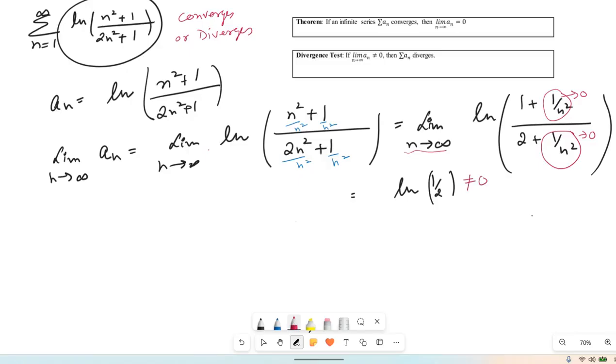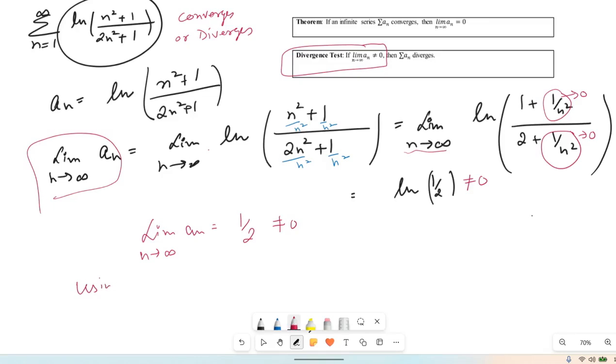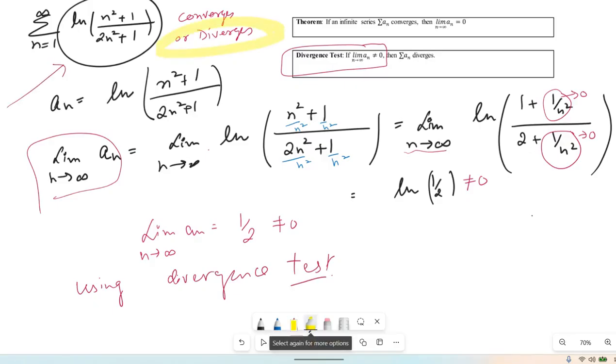So here, again, our divergence test comes into play. The limit of the general term here is coming to be log of a half, which is non-zero, so using the divergence test, we can say that our given series is divergent.